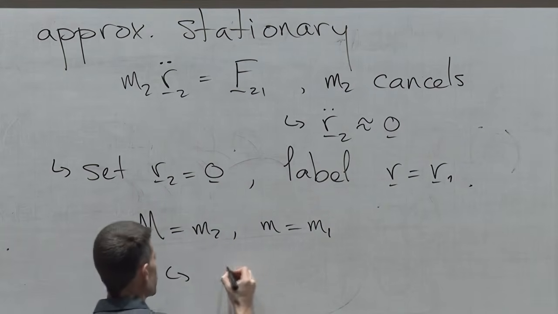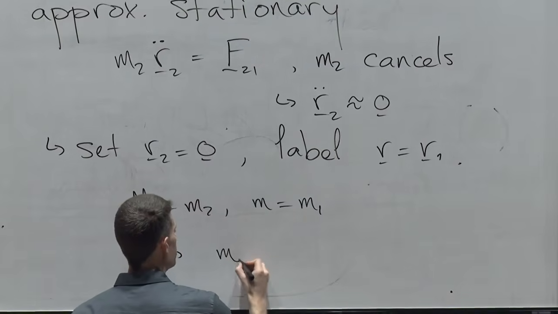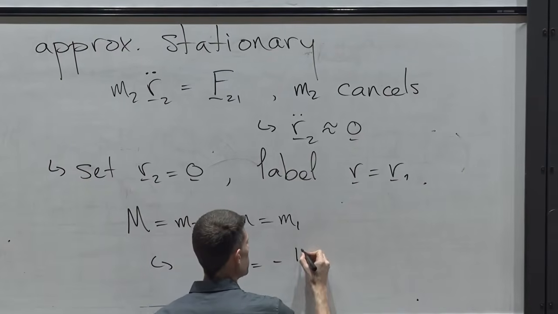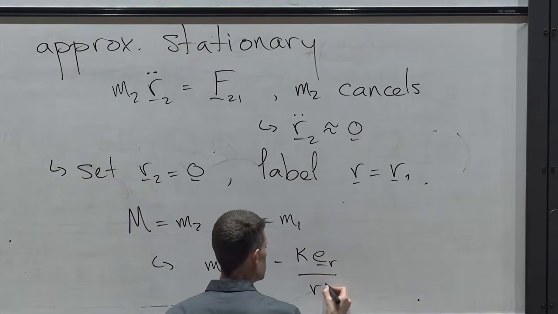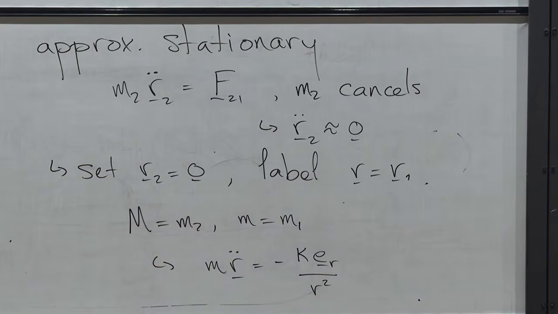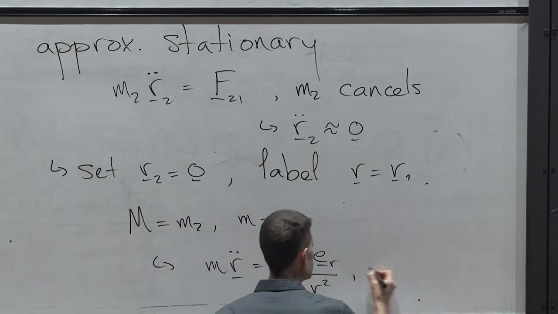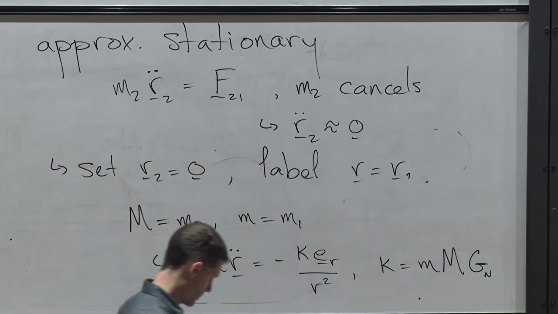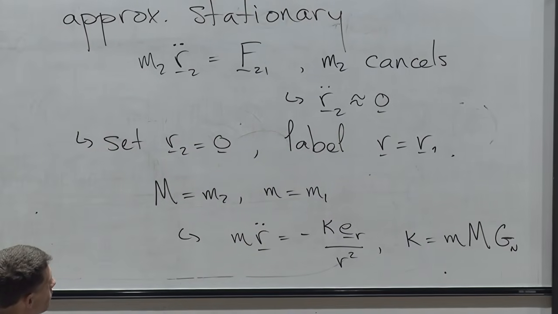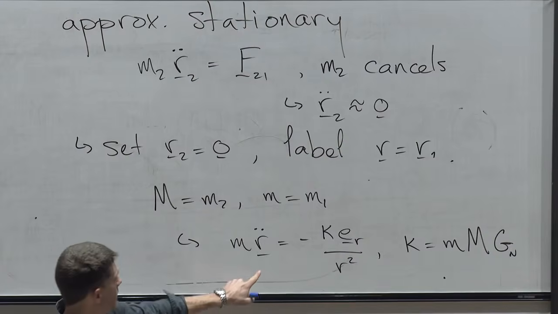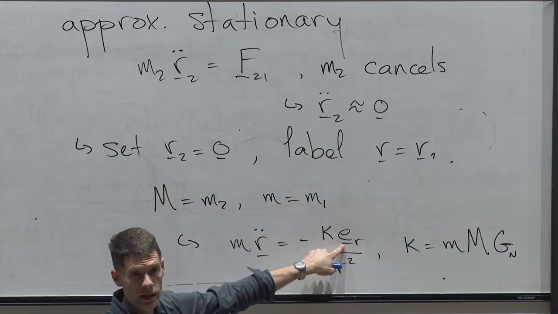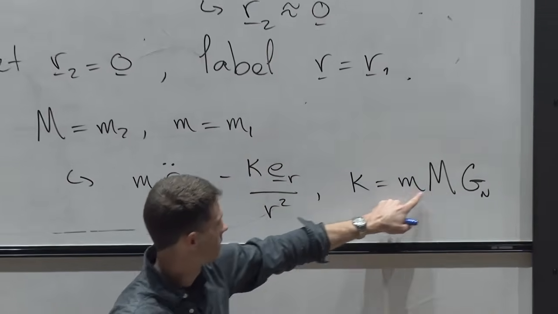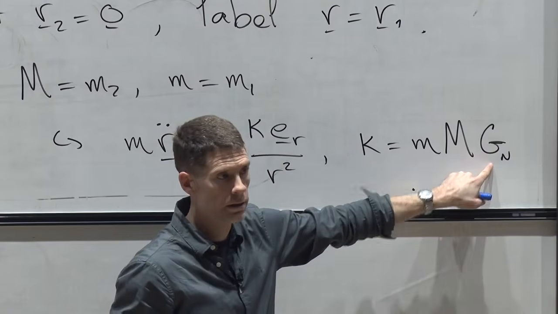And then we can write that little m r double dot is minus K r-hat over r squared, where K is M m G. So particle 1, which I'm labeling r, its force is in the radial direction, has an inverse square, 1 over r squared, and the constant has the product of the two masses and the gravitational constant.